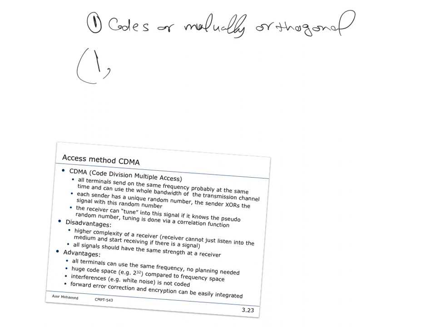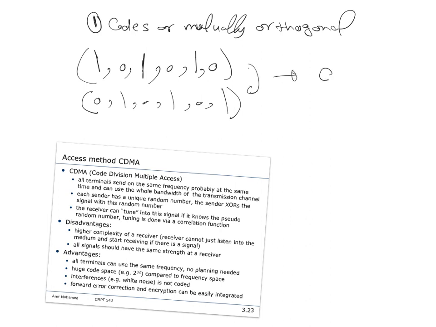This is an example of a code: 0, 1, 0, 1, 0, 1. Then the other codes should be like 1, 0, 1, 0, 1, 0. Those two codes are orthogonal in the sense that if you multiply them, the answer will be 0. This means that they are orthogonal. So this is the first condition.